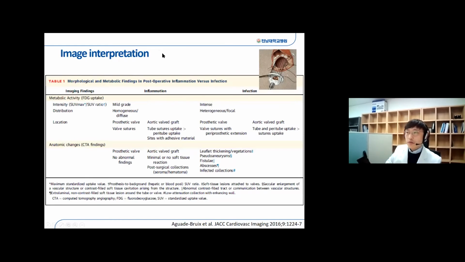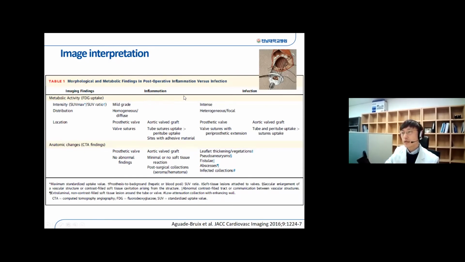So the image interpretation for FDG PET should refer to some guidelines, because there can be some non-specific postoperative changes, especially when the FDG PET was performed within 3 months after surgery.